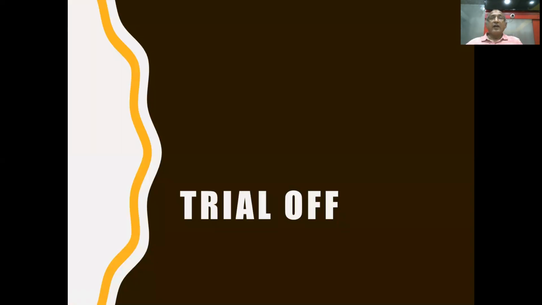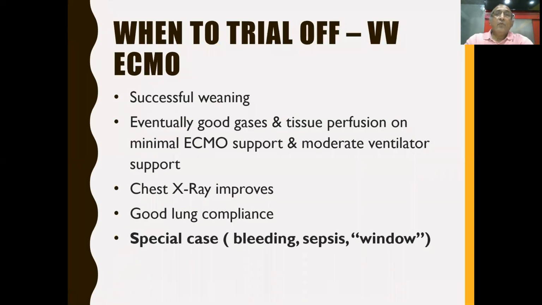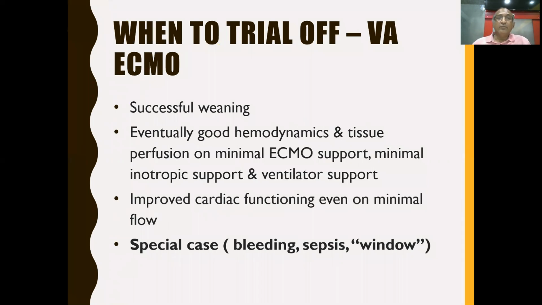Now next is trial off. When to trial off for VV ECMO? When you are successfully able to wean the patient, when you come down on ECMO FiO2 of 21%, when you are able to come down on sweep gas, and eventually after that also you are getting good blood gases, tissue perfusion is fine, hemodynamics are fine, and only moderate ventilator settings, in that case you can think that yes, the patient is doing well, and you can give a trial off.